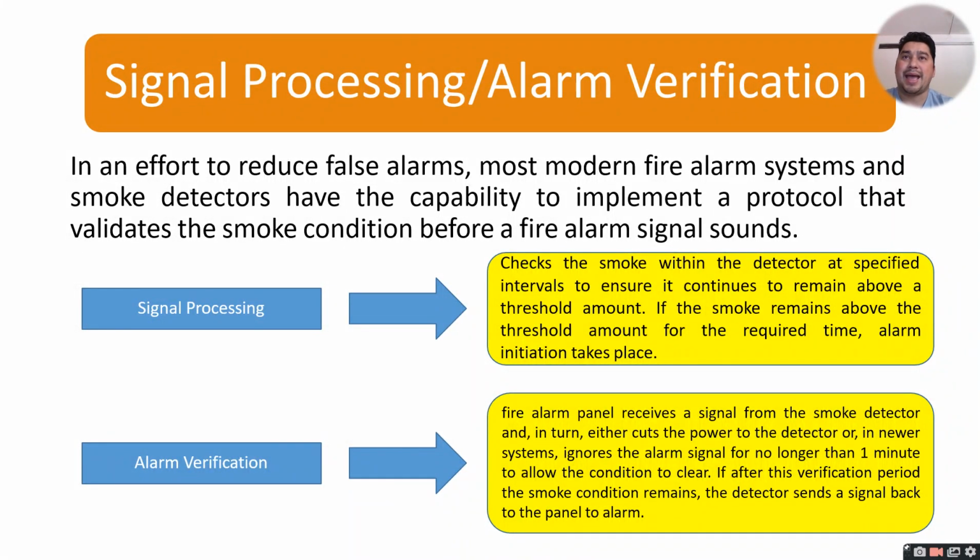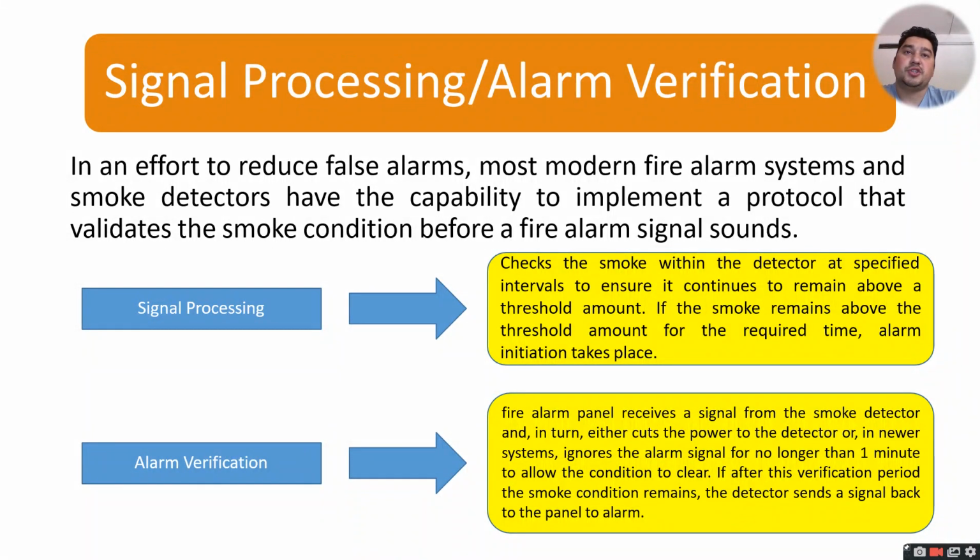Time will be wasted, and resources will be wasted, and in many organizations, people will get used to these false alarm signals and they will not evacuate the building. So what will happen? They can't differentiate between the false alarm and the real alarm. But by this system, you can differentiate between the false alarm and real alarms. And if it is a real alarm, then the signal will process and alarm will sound.